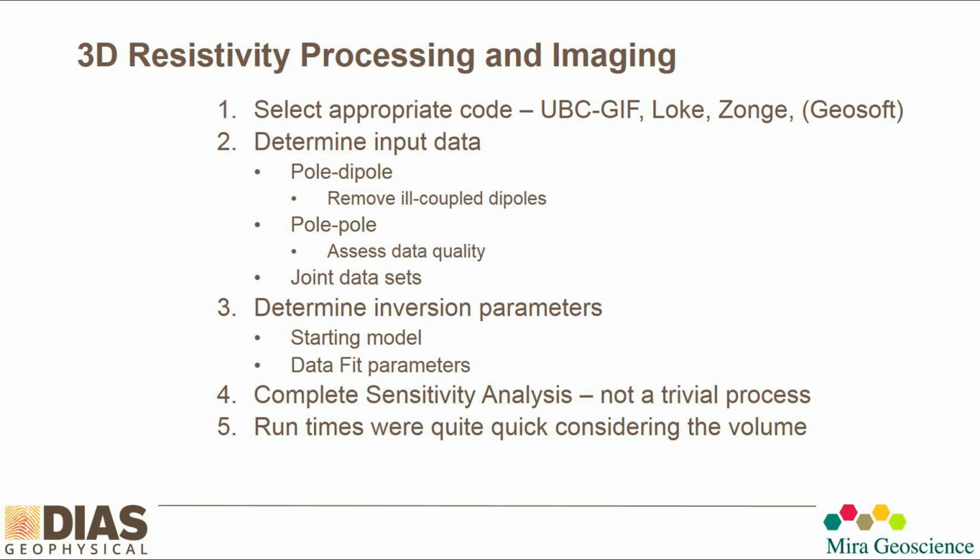Run times for this data set, considering both pole-pole and pole-dipole data, I think there was about 40 to 50,000 data points, were 6 to 8 hours on a relatively modest desktop computer. And the thought is that the relatively high receiver to transmitter ratio fit into this.